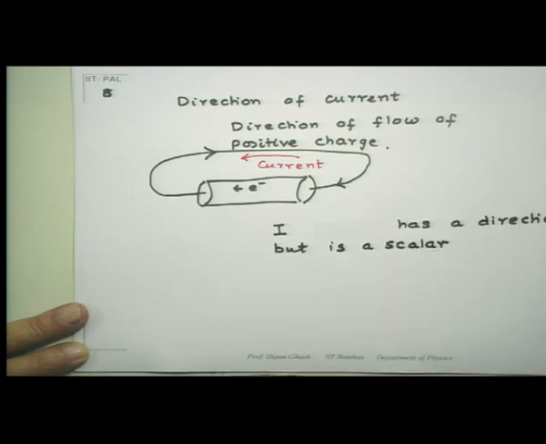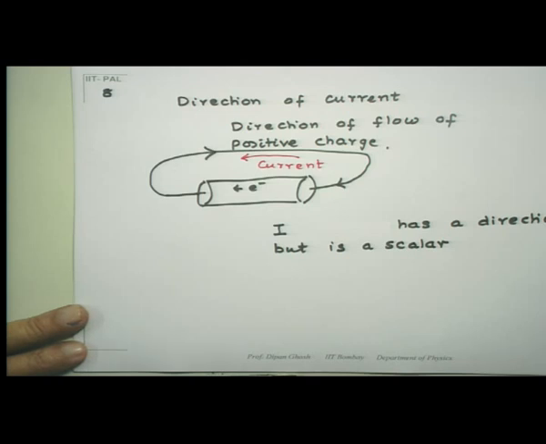And this is primarily because it does not satisfy the algebraic law of addition of vectors. We will see how currents are added up, and in fact we will be discussing it at a later stage.